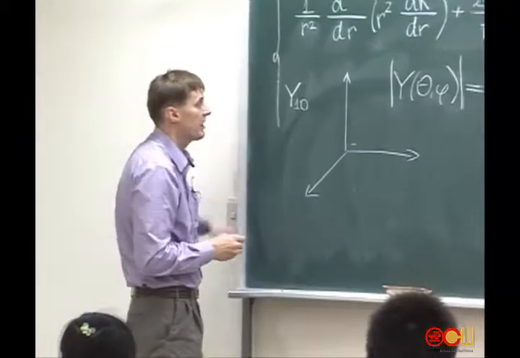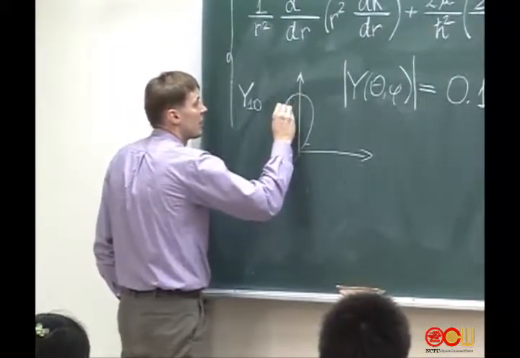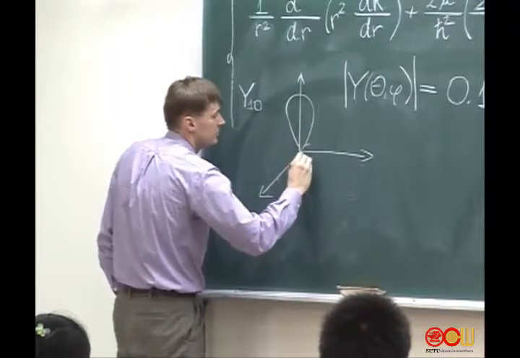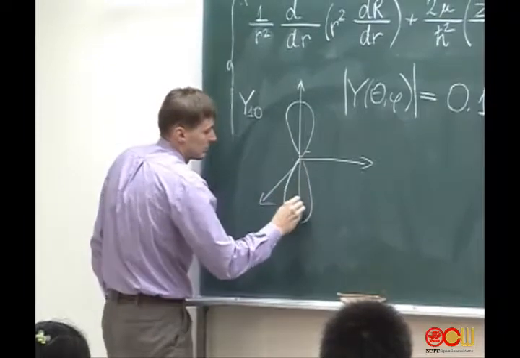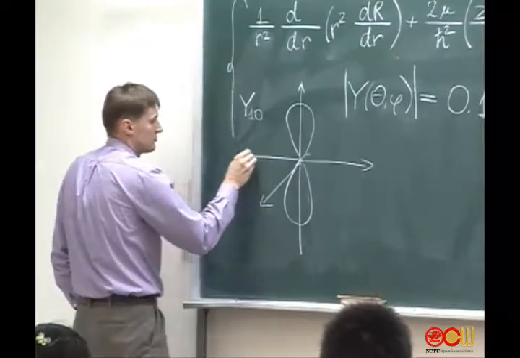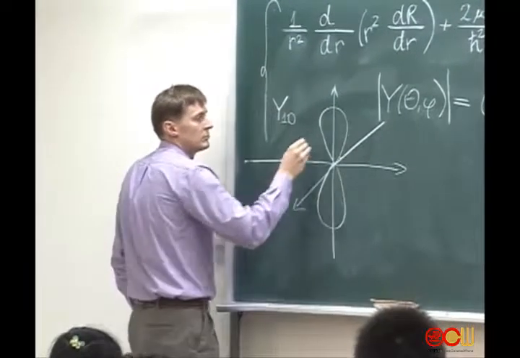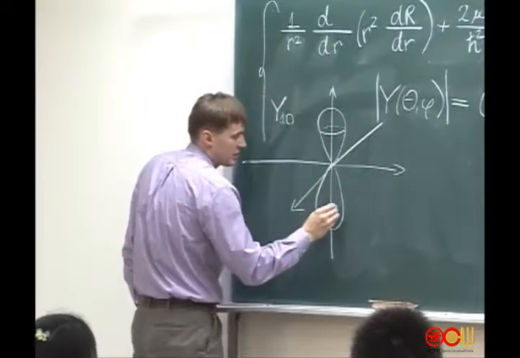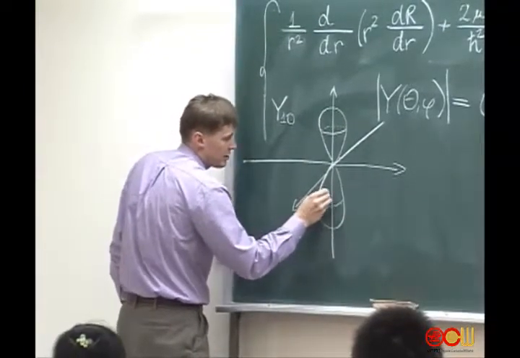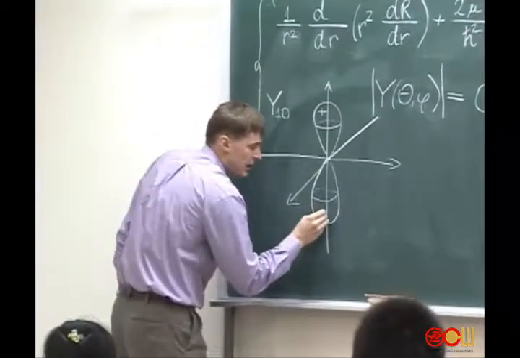Now we are plotting the function 1, 0. It looks something like this. And again, this is a spherical function. Well, not really spherical in this case, but it looks like that. And the sign here is positive and here is negative.